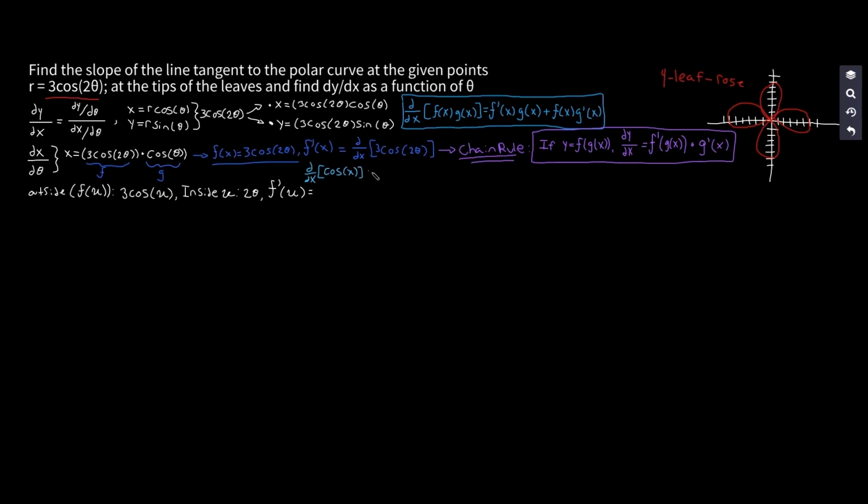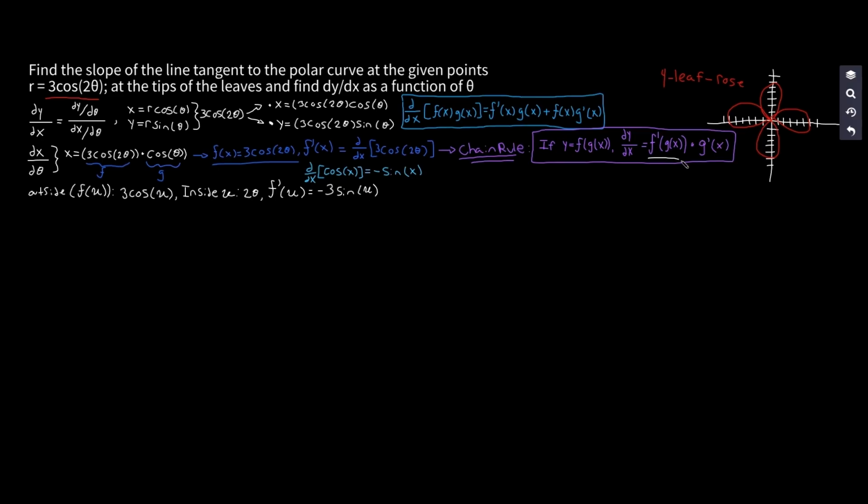I believe it's negative sine of x. And then for us, that means that we'll factor out that 3 for the time being. Take the derivative of cosine of u, and then we'll get negative sine of u, and then we'll multiply back that 3 to get negative 3 sine of u.